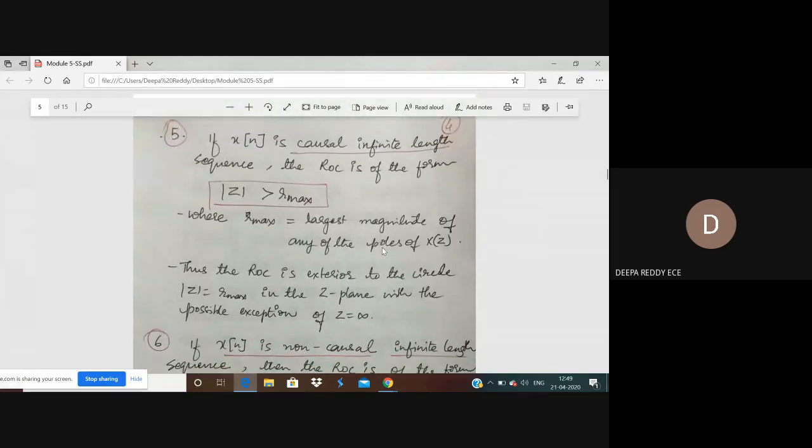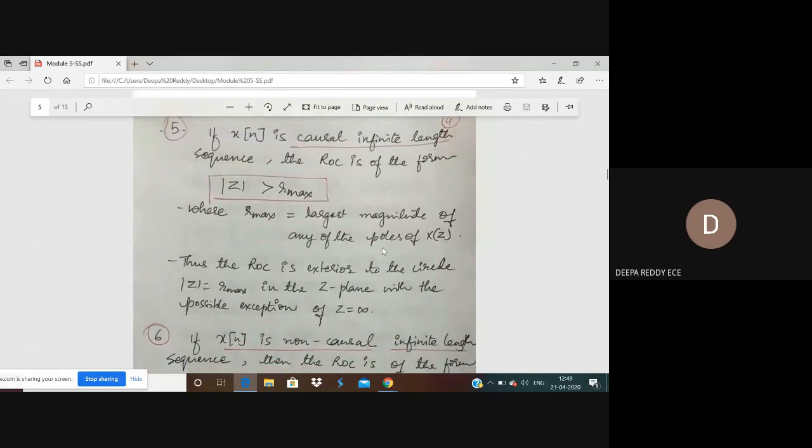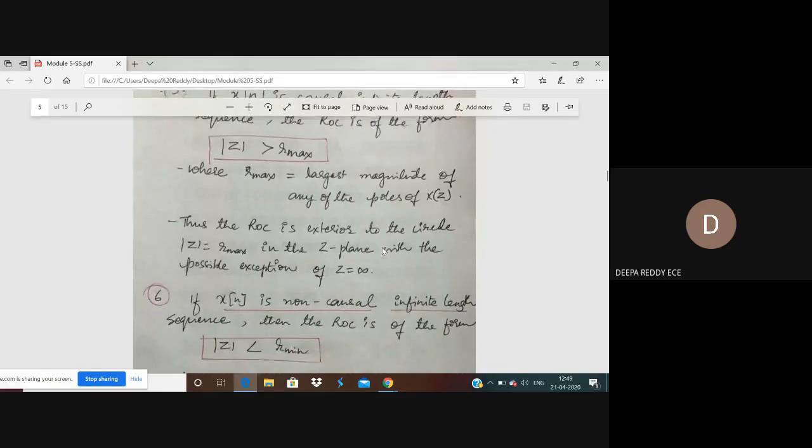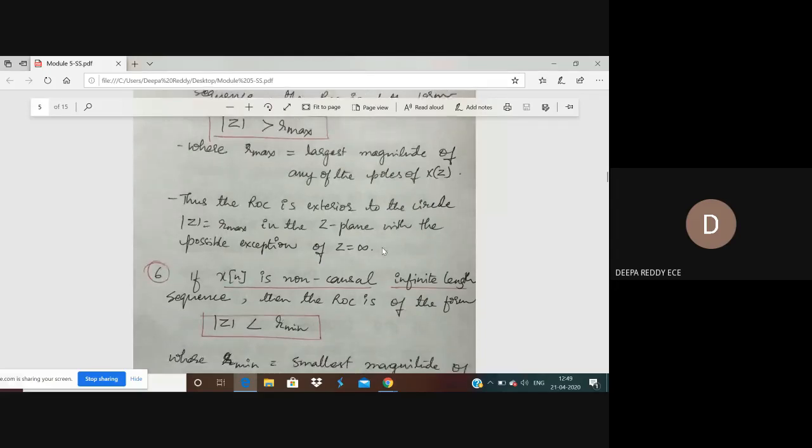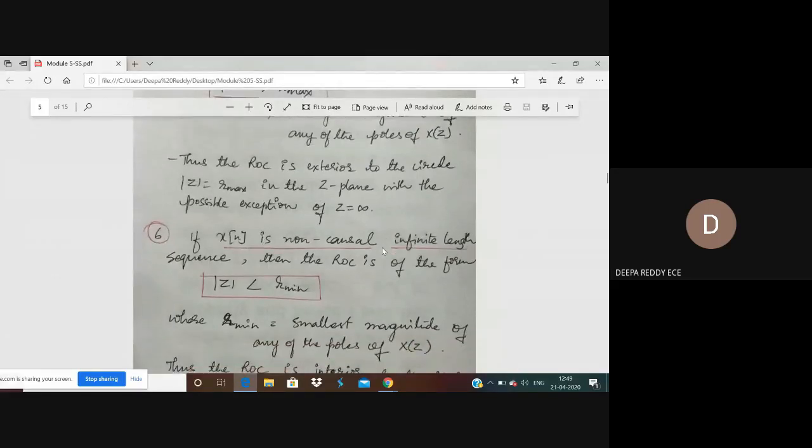Now, what if it is a non-causal sequence? Then the ROC will be interior or within the circle of radius, that is the minimum of the smallest magnitude of the poles of X of Z. If I have 3, 2, 1, I will be taking the smallest magnitude.